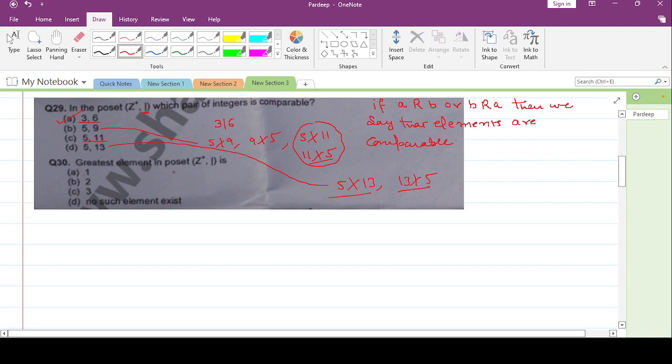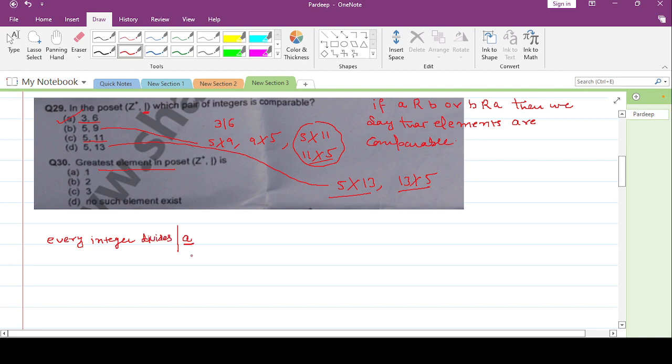Now in the next question we want to tell which element is the greatest element. The greatest element in Z plus is that element such that every integer divides that integer. Suppose I say that a is the greatest element, it means that every integer divides this integer.